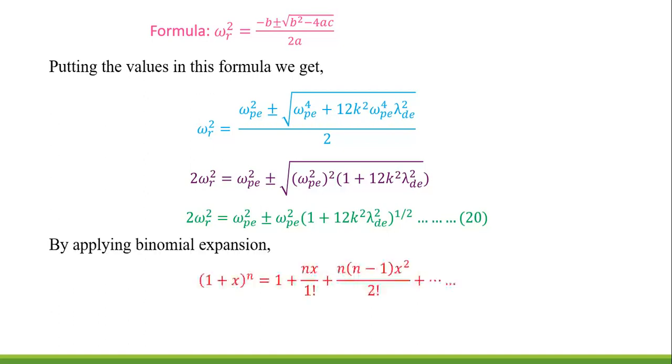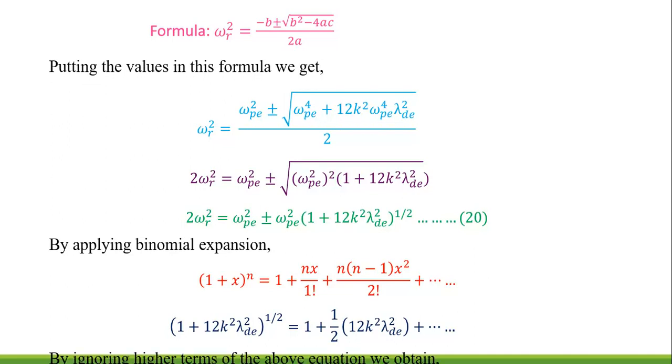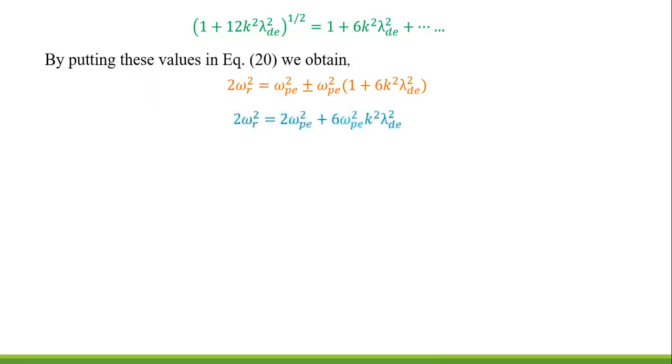Now if we apply the binomial expansion here, then this combination simply looks like this, and by ignoring the higher order terms, equation number 20 reduces to this. Omega r square is equal to 2 omega p square, and here was 1 plus 6 k square lambda De square.